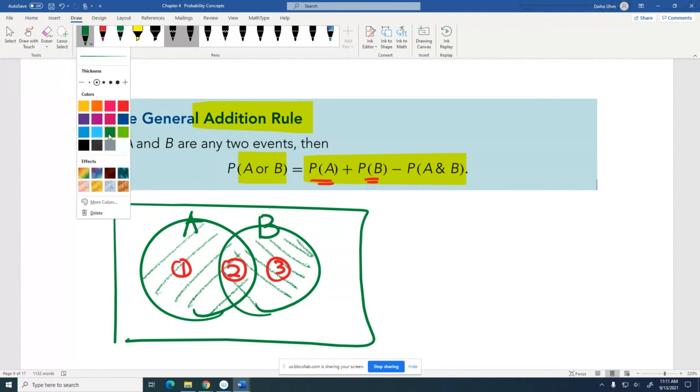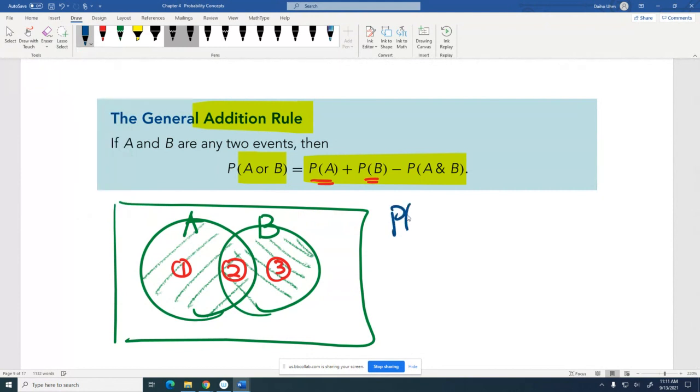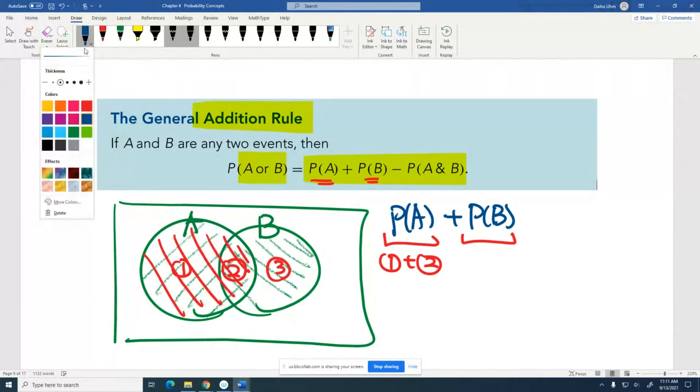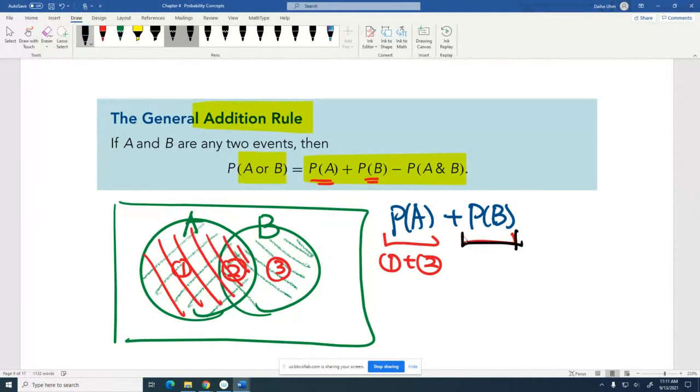So when I simply add the probability of A and the probability of B, then it must be 1 plus 2, here. And the B, 2 plus 3. How did I do? I added the middle, number 2, twice.